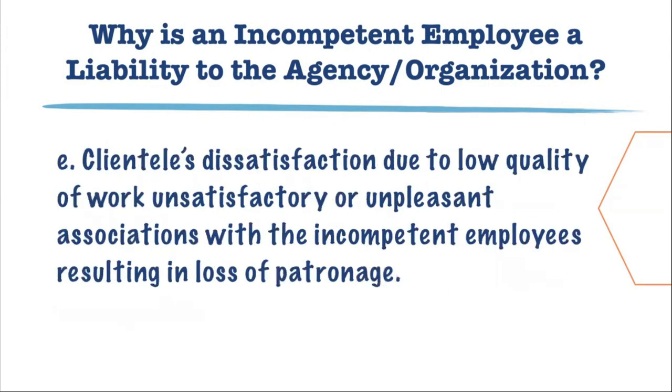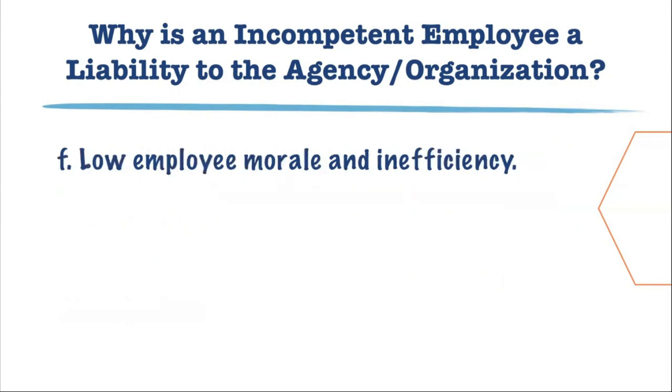Fifth is clientele's dissatisfaction due to low quality of work and unsatisfactory or unpleasant associations with the incompetent employees, resulting in loss of patronage. Sixth is low employee morale and inefficiency.